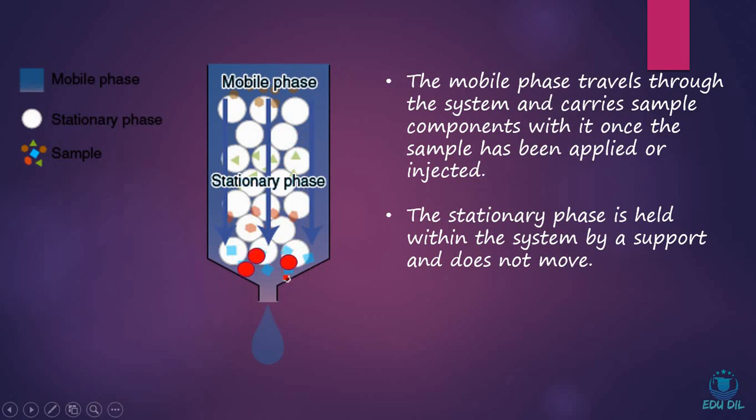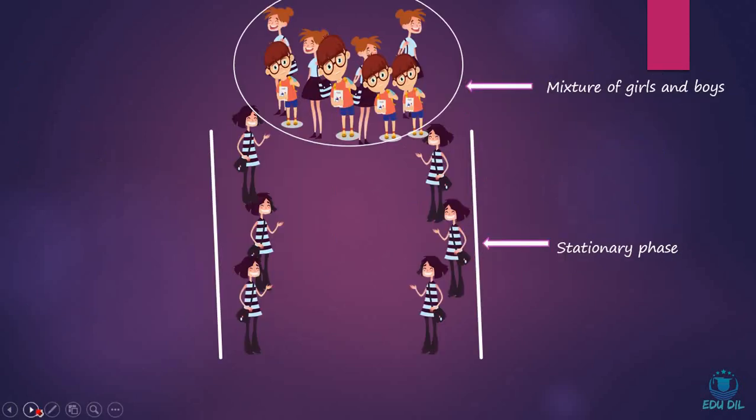There's a small time gap between these components because of the interactions between the stationary phase and the sample components. Again, triangles move quickly because they have weak interactions with the stationary phase. Then circles come because they have some interaction, so they like to stay with the stationary phase.